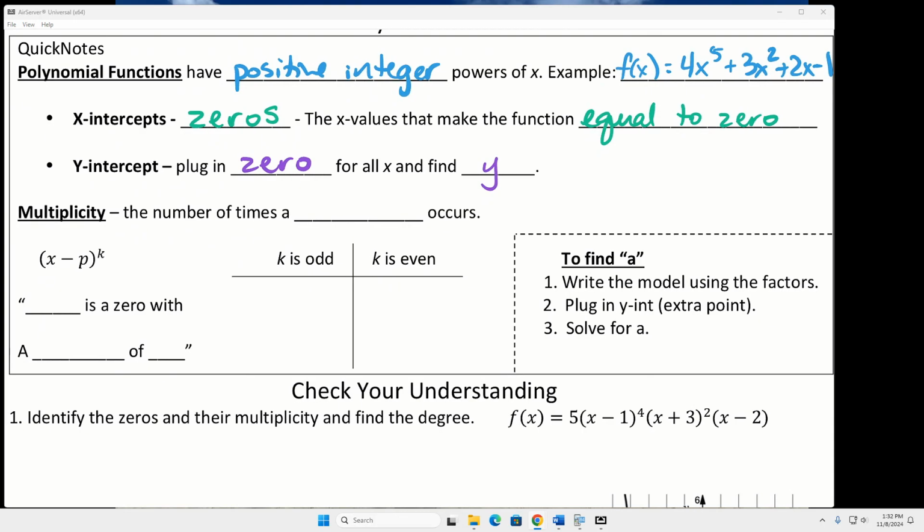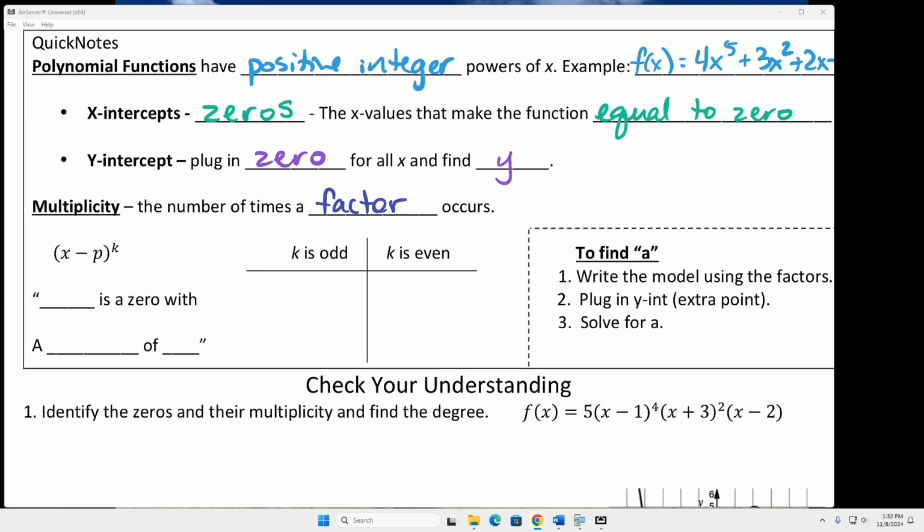Right. And then what might feel new to you, maybe, is the idea of multiplicity. And multiplicity is the number of times a factor occurs. And it tells you quite a bit about the graph.